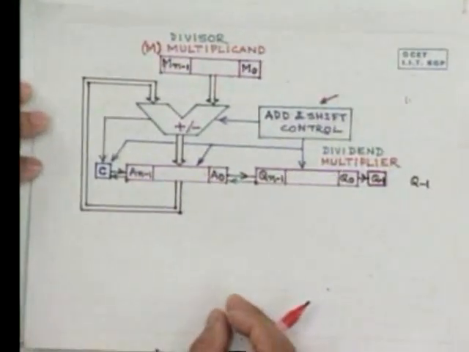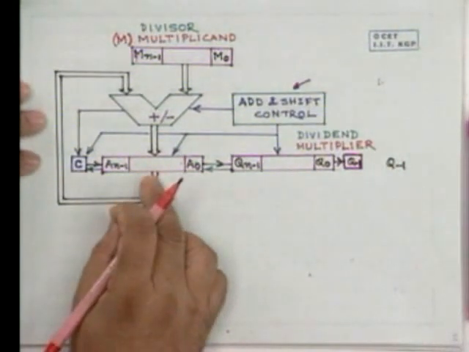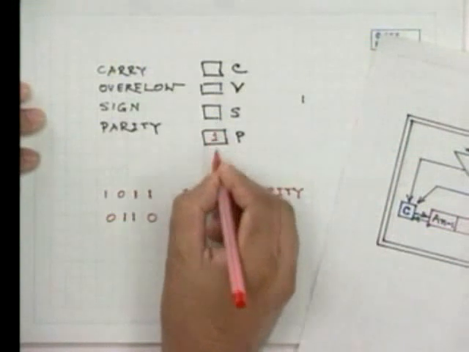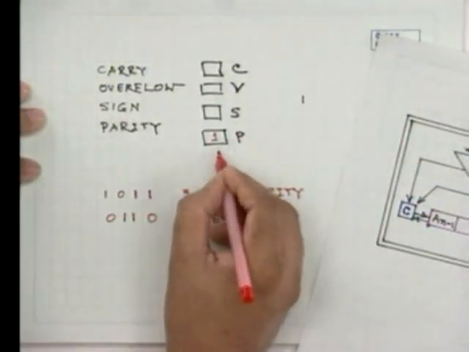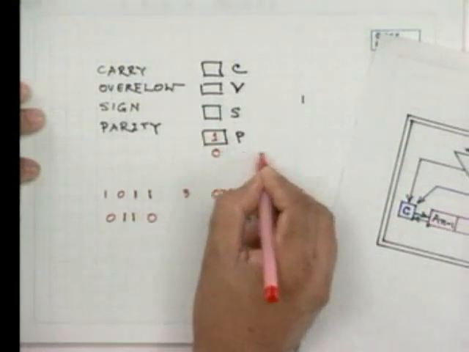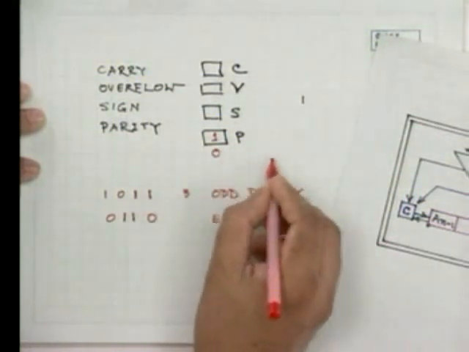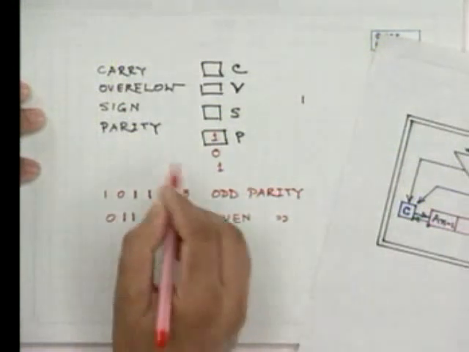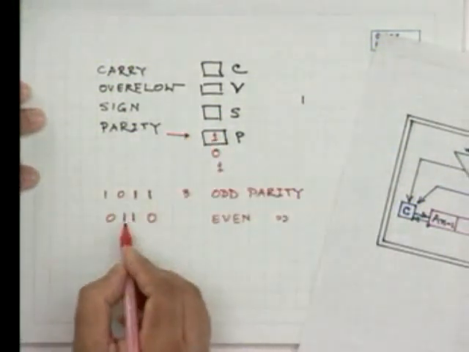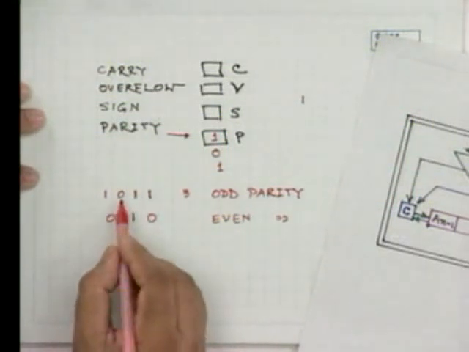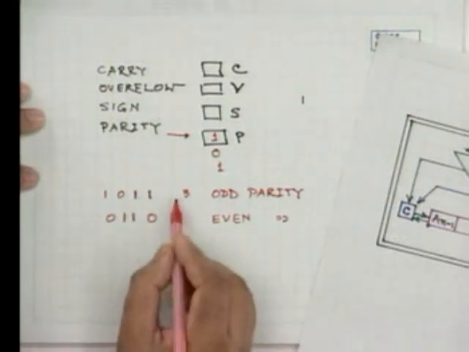Now, some computers keep it as even parity. That means it puts 1 when the parity is even. Sometimes the other way it can also be done, that we put 0 when the parity is even, and when the parity is odd, we put 1, which means the parity bit says what the number of ones in a particular result is.